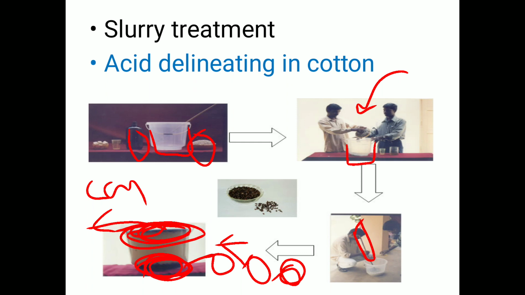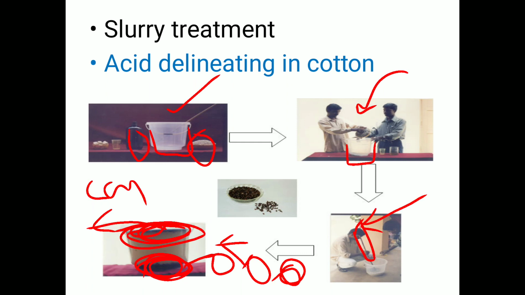So in that way we do acid delinting in cotton. Certain precautions have to be taken while acid delinting in cotton. Use a plastic bucket, because we use concentrated H2SO4 solution. If you take a metal bucket, it causes corrosion or a reaction with the metal. For stirring, use wooden material instead of your hand.